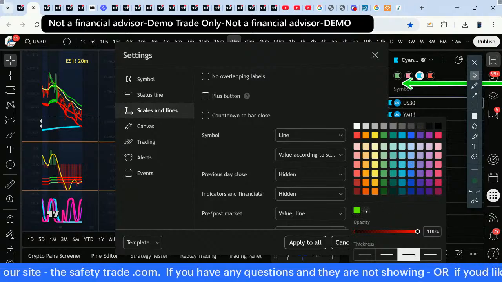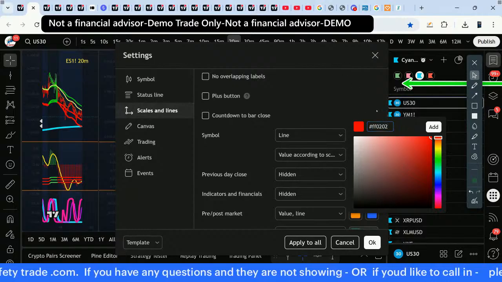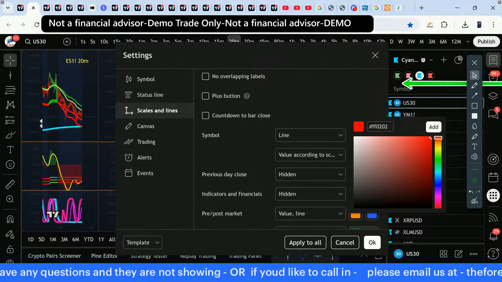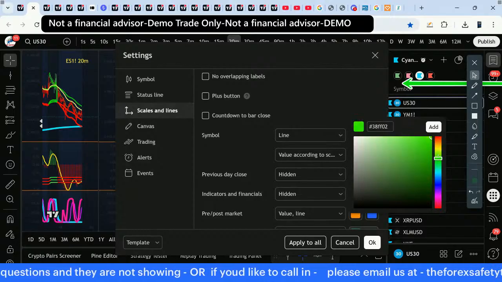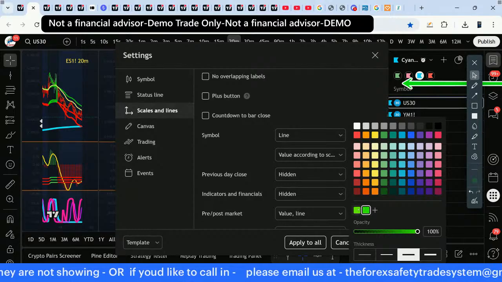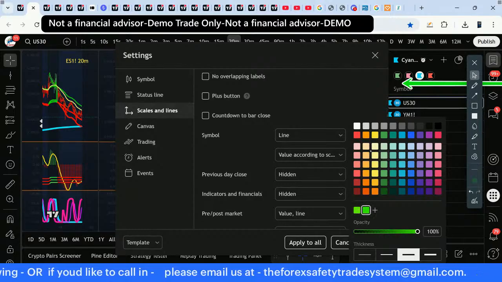Two-tone here. And I think that's just adding the colors. I do like that green though. Aha. No, maybe. No. Let's see if that's true.